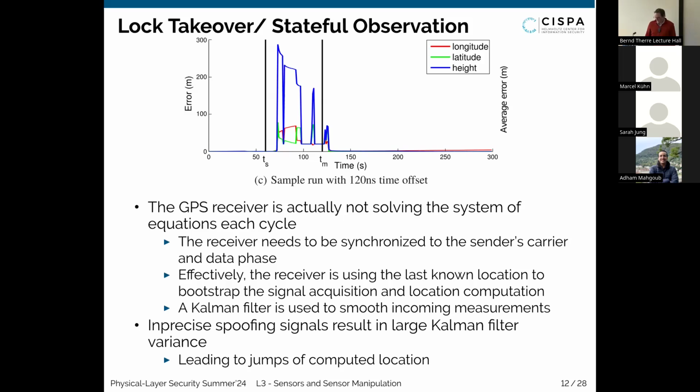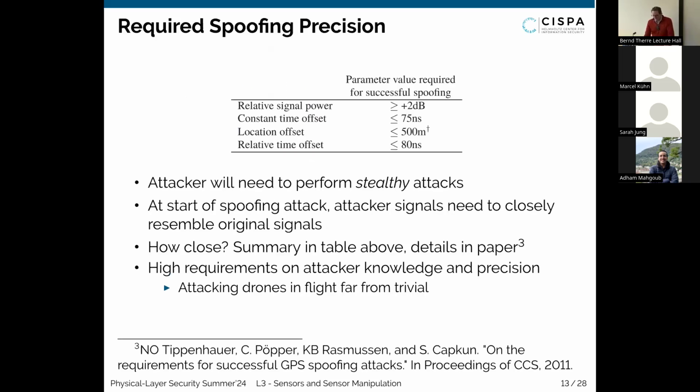And to do this, at least back then, for us, it was quite an interesting observation that there was this kind of statefulness of the system, and that as an attacker you had to very slowly drag away the victim from its previous synchronization and previous state. What we investigated a little bit more in the paper, which is linked below, by the way, if you want to have a look at it yourself, is called On the Requirements for Successful GPS Spoofing Attacks.